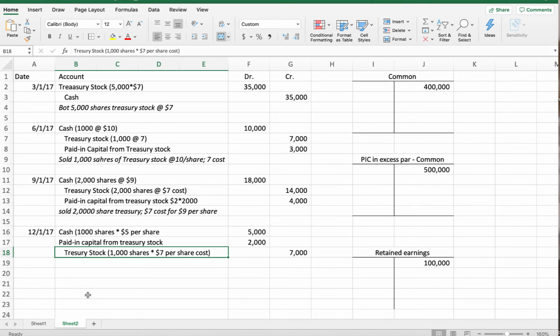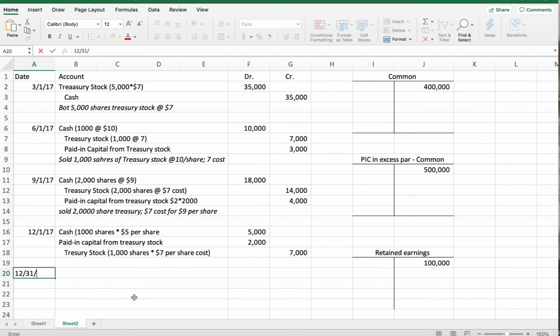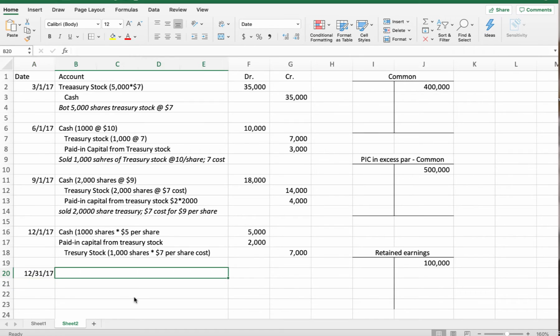Okay. Now I got to do a final transaction. I need to close the income statement, right? So what am I doing? Well, let's think about it this way. This will be on 12/31/17. Okay, what am I doing? Well, I'm closing out my income summary account to my retained earnings, right? How do I increase retained earnings? I increase retained earnings with a credit.